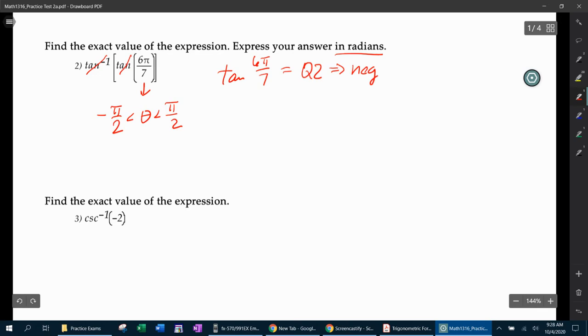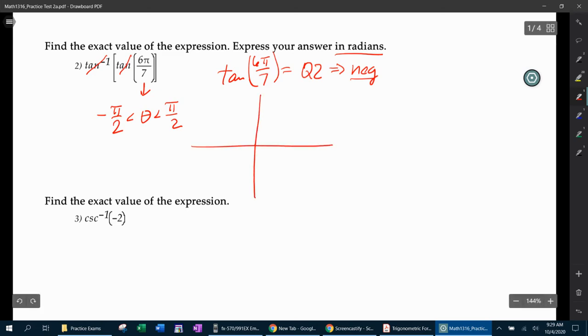So we'll make a note of this. Tangent of 6 pi over 7. 6 pi over 7 is a quadrant 2 angle, and tangent in the second is negative. So we're going to have to find an appropriate reference angle anywhere from negative pi over 2 to pi over 2 that would have the same value.